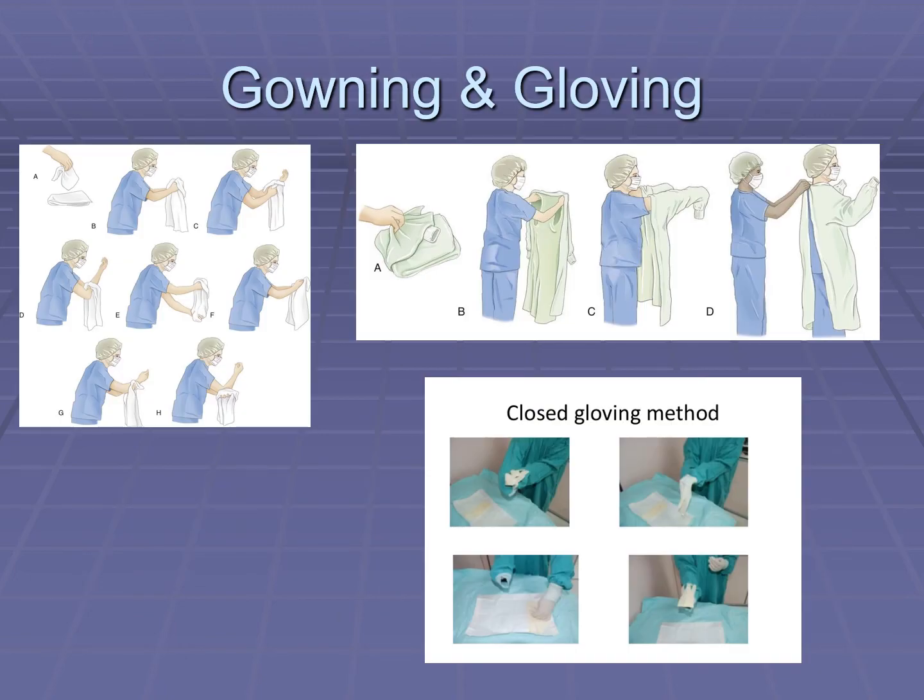So after we've performed either the surgical scrub or the surgical hand rub, now is time to enter our operating room. If we are wet from the traditional scrub, we are going to go for our towel. If we are dry from the hand rub, we're going to go straight to the gown.